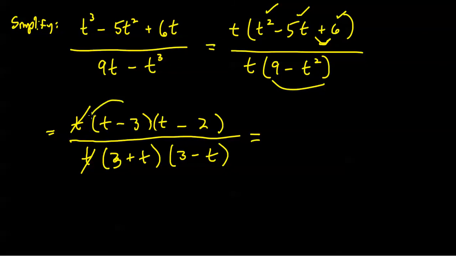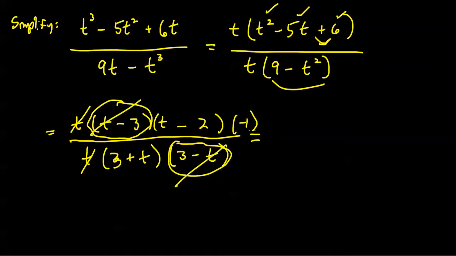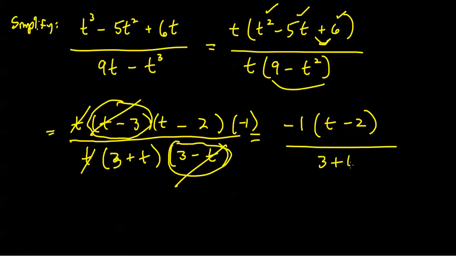And t minus 3 and 3 minus t are opposite factors, so I can cancel those out, but don't forget to throw in a factor of negative 1, either in the numerator or denominator, that's fine. So I claim my expression is equivalent to negative 1 times t minus 2 over, downstairs, 3 plus t. And that's a fine final answer.